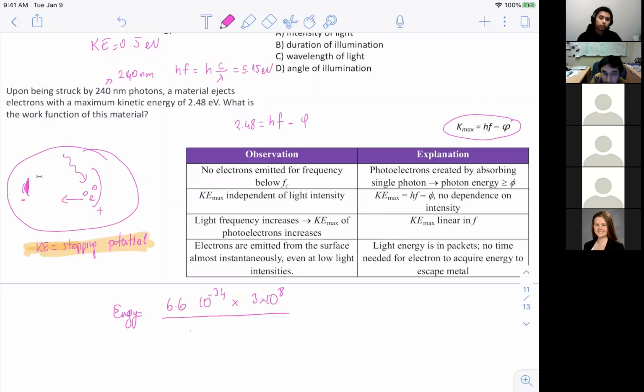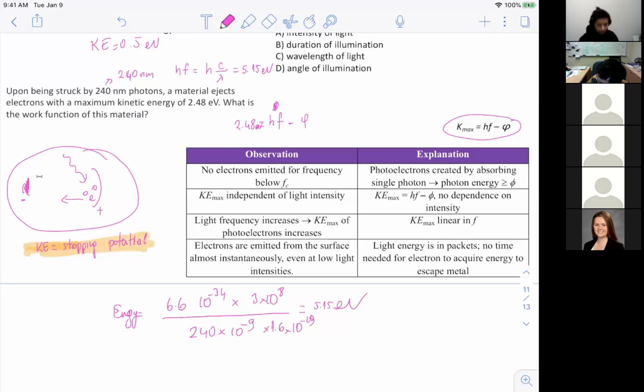The wavelength is 240 times 10 to the minus 9, and you divide by 1.6 times 10 to the minus 19 to convert into electron volts. So that gives this 5.15 electron volts.